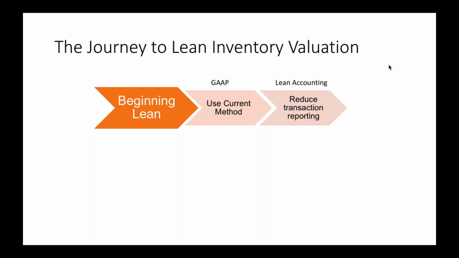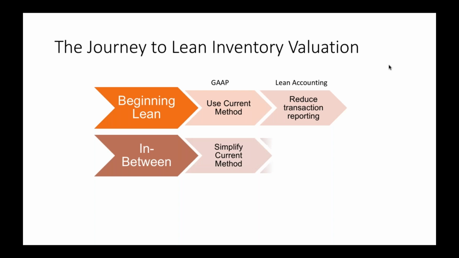What you want to look at is how can we reduce and simplify transactional reporting and the complexity of setting rates. What I like to say is try to reduce your labor and overhead rates. Try to reduce reporting transactions. Stop reporting actual labor to work orders, things like that. There's lots of opportunity, and what that opportunity does is you're actually eliminating unnecessary work. You're creating time both in the manufacturing operations and also in the accounting function.